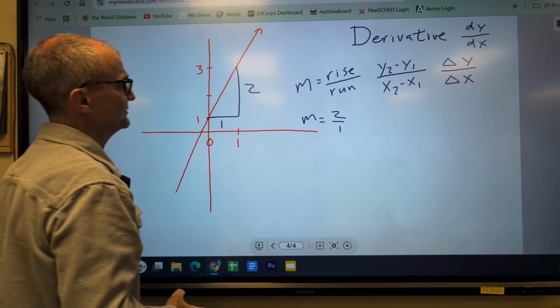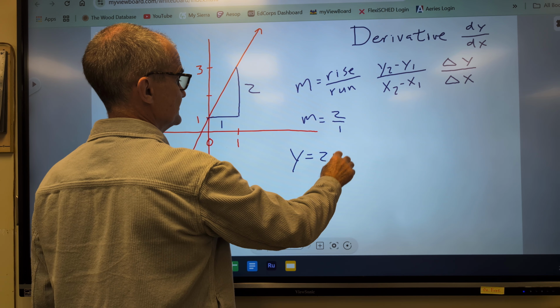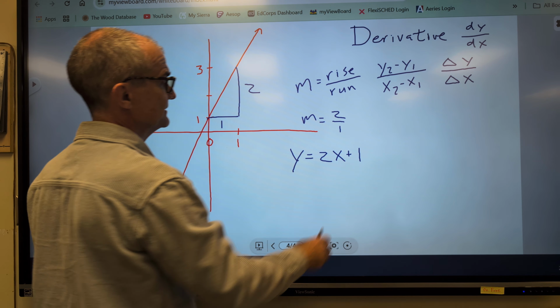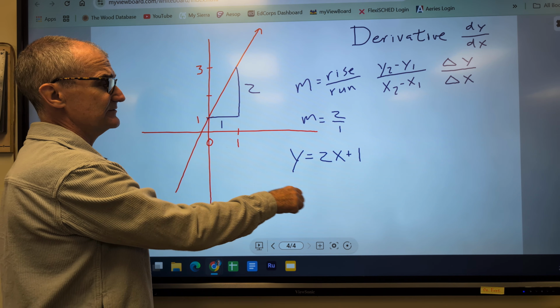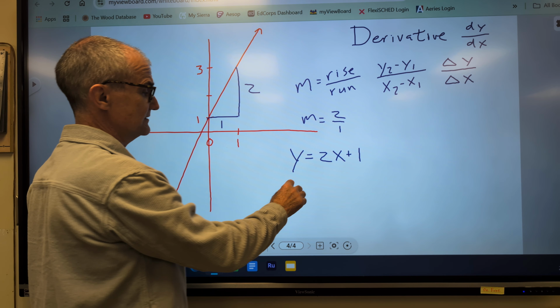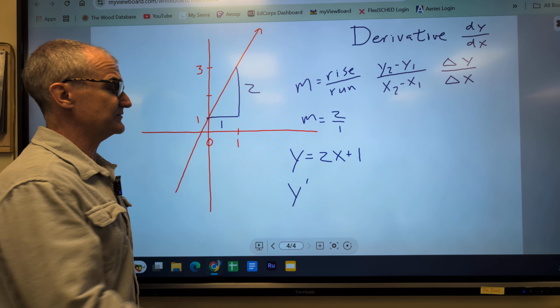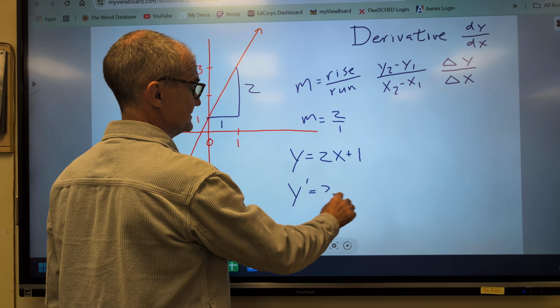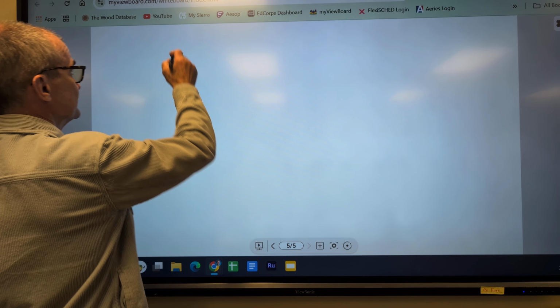That's the slope. If I had an equation for this, it would be y equals 2x plus 1, where m, 2, is my slope. The derivative of this linear function, sometimes using prime to say the slope of this function, is equal to 2.